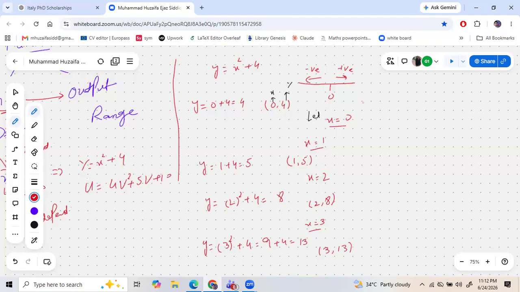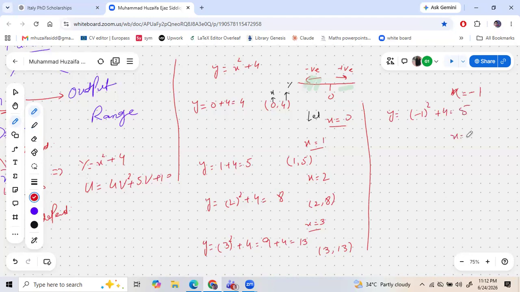After this, we are moving to the negative side. Now we are working on the real line of this side. First we worked on that side, now we are working on this side. So x is equal to -1. When we have x is equal to -1, this is (-1) square plus 4, which is equal to 5.